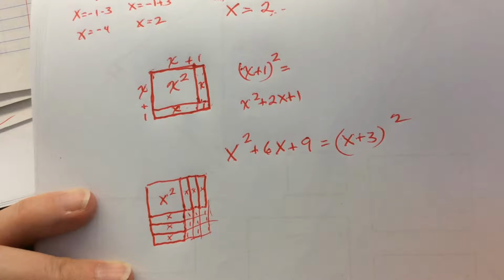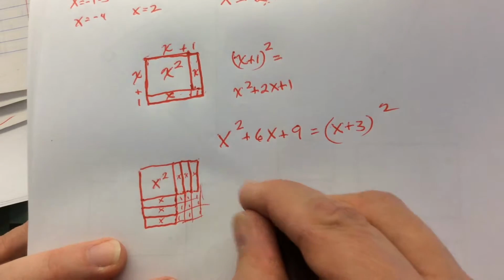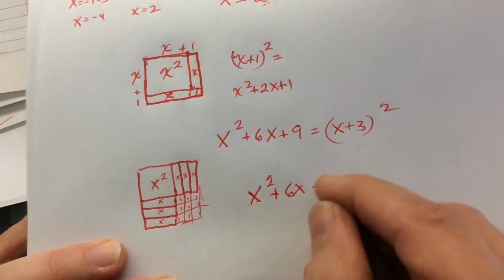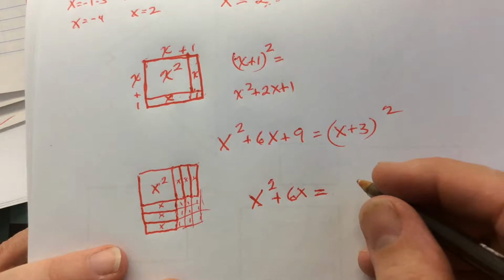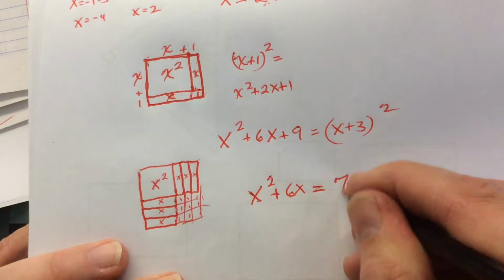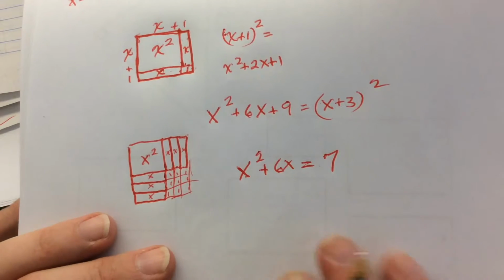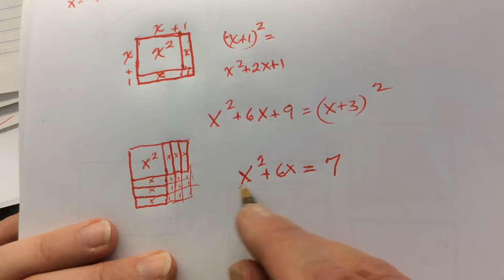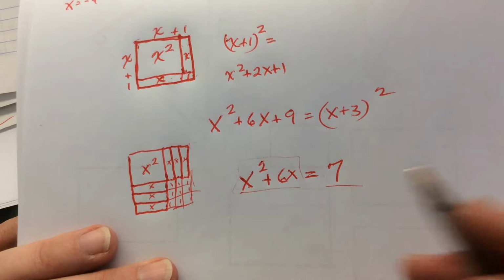Why is that interesting? Well, what if I had a problem that looked like this? x squared plus 6x is equal to, let's say, 7. Well, I could take the square root of both sides, but that's not going to help me over here because it's not a perfect square.